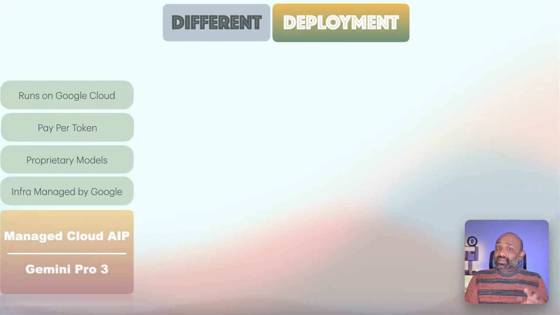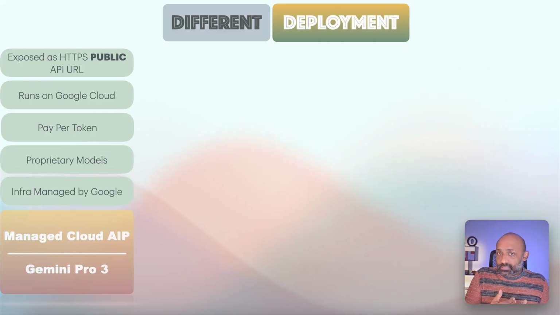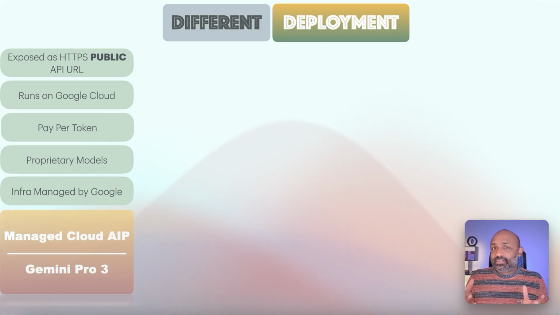This runs on Google Cloud itself, and lastly, it gets exposed as a public API URL. So we get to use a public API URL to access the completion endpoints and all the different endpoints which they provide. This is the most common way of accessing inference APIs from the standard AI providers like Google, OpenAI, Microsoft Azure, Claude, etc.